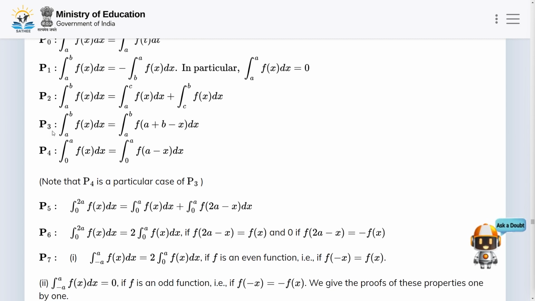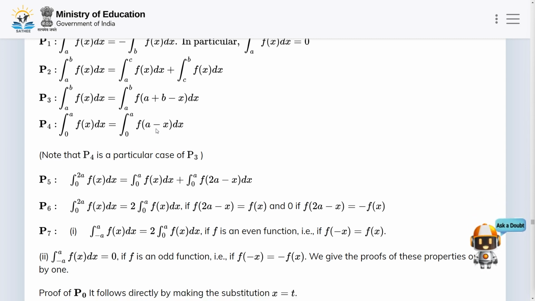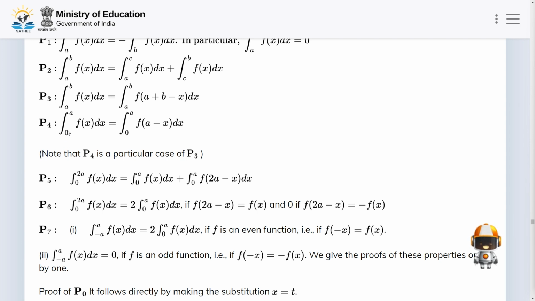Now P3 says the definite integral a to b of f(x) dx is equal to the definite integral of f(a plus b minus x). This means upper limit plus lower limit minus x. Now the definite integral from 0 to a of f(x) dx will be the definite integral from 0 to a of f(a plus 0 minus x). We used the above property, P3, here.